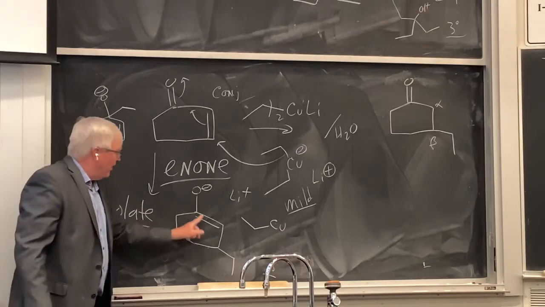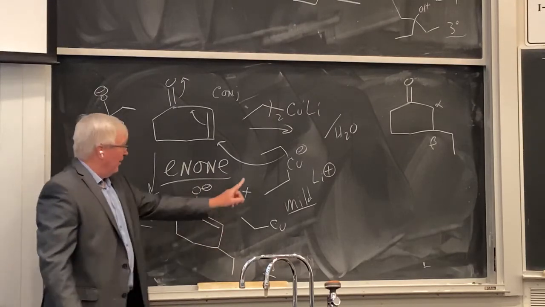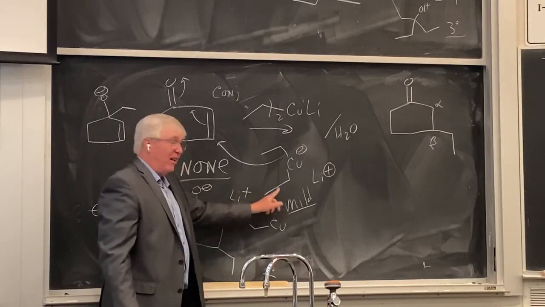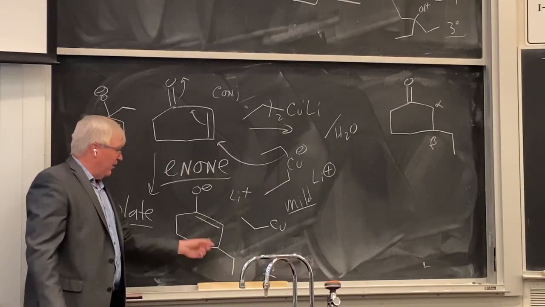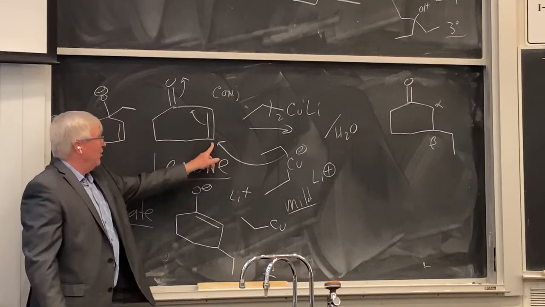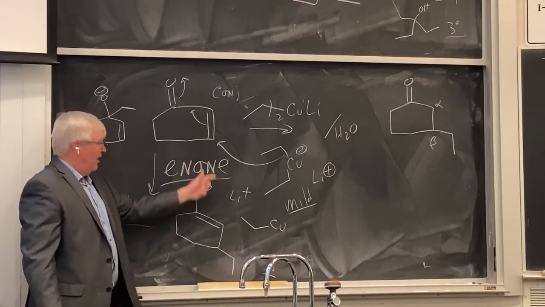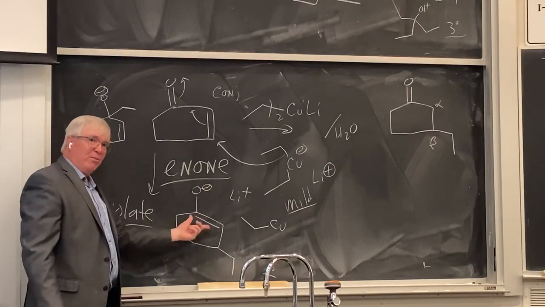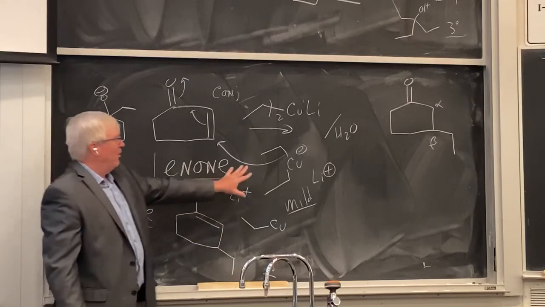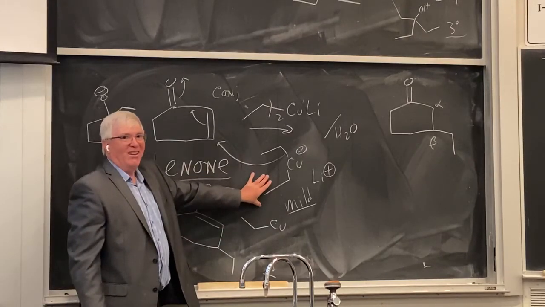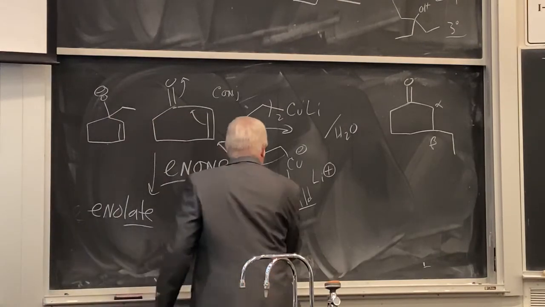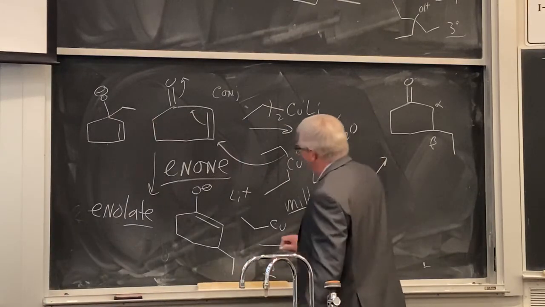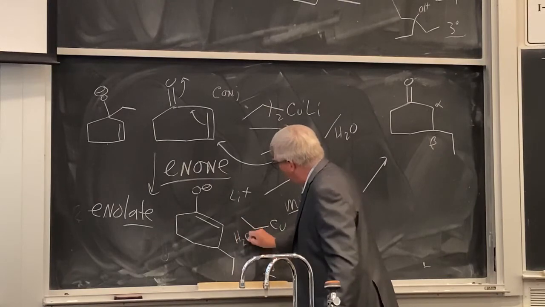Why? It's resonance stabilized. This is a less reactive organometallic. It needs a more stable intermediate, the enolate. So it dumps its nucleophile to the beta position to give the more stable enolate. This pathway is lower in energy for these less reactive organometallics. Well, how do we get to the product though? Let's see. When we dump in water, what do we get here? Here's water.